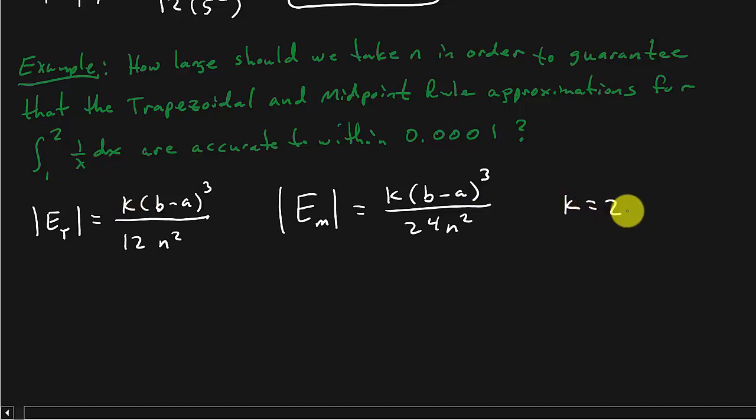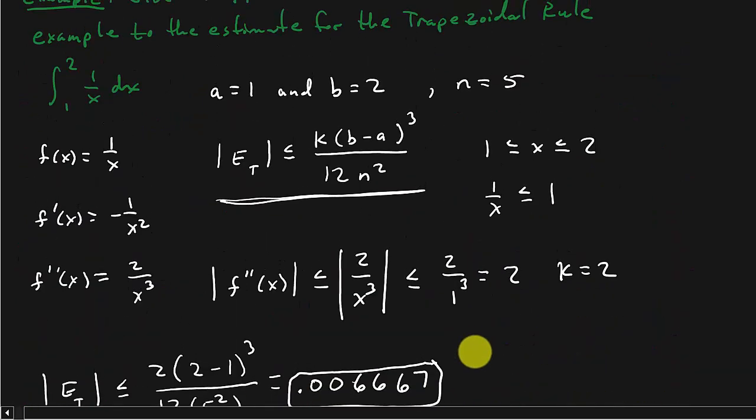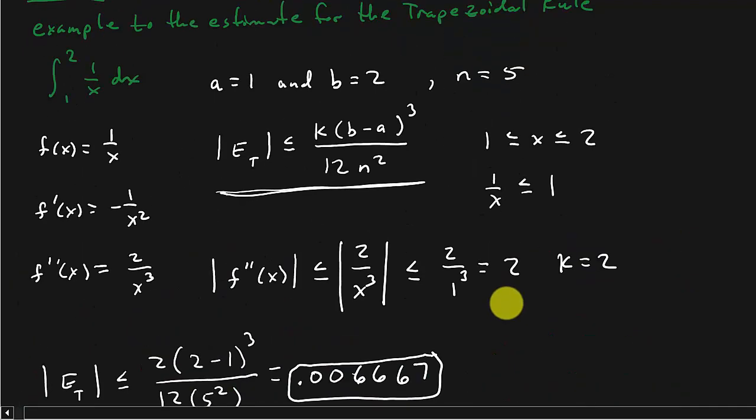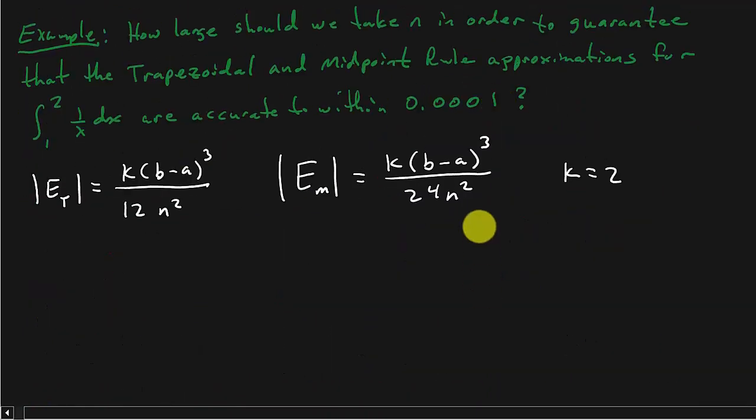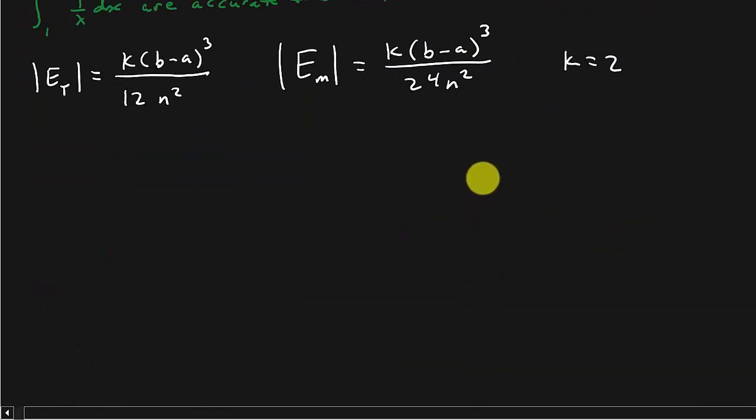Well, K is equal to 2, because we did that up here. We already found K in this problem, so we're not going to go through that again. We know we're going to choose K to be 2. This is what you would have to do to start the problem out. Now let's do the trapezoidal rule first.